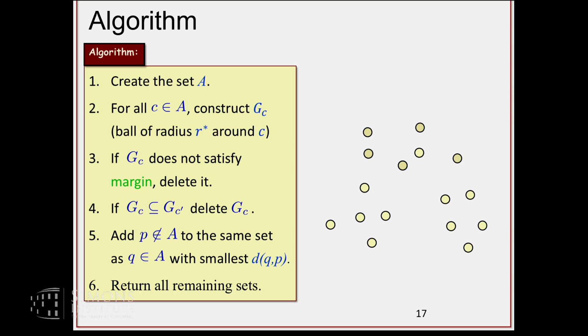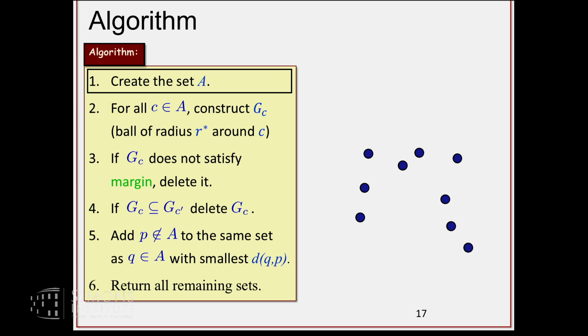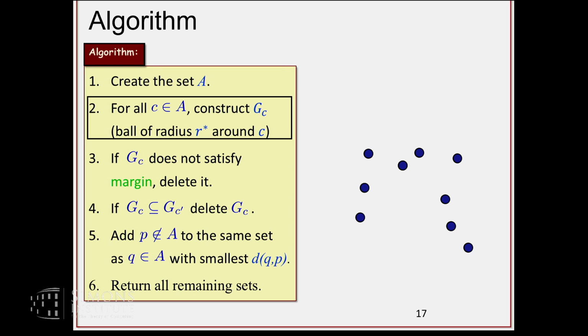Now I'm going to define the algorithm, and then on the next slide, I'll give an idea of why this is optimal. We start by creating the set A. We can do this in polynomial time if you remember the definition. For now, let's forget about the rest of the points. Now I'm going to construct balls of radius r star around every point, and then prune them in the next two steps.